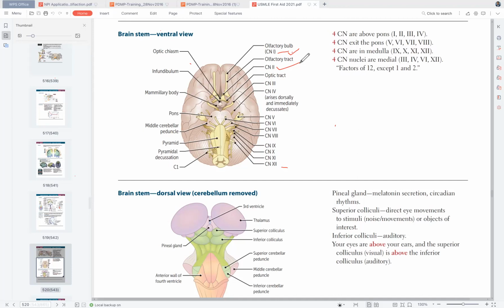The trigeminal is 5 and it has 3 divisions, V1, V2, V3. Correct. Then we have the abducens, which is cranial nerve 6. Then the facial is 7. Then the vestibulocochlear is 8. The glossopharyngeal 9. Vagus is 10. Accessory is 11, and then hypoglossal is 12.